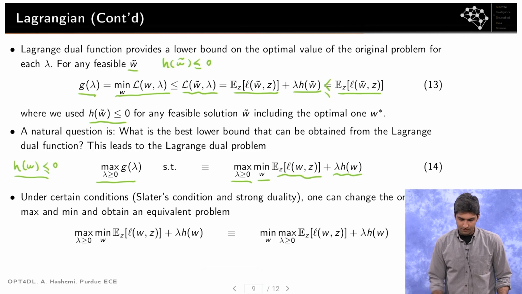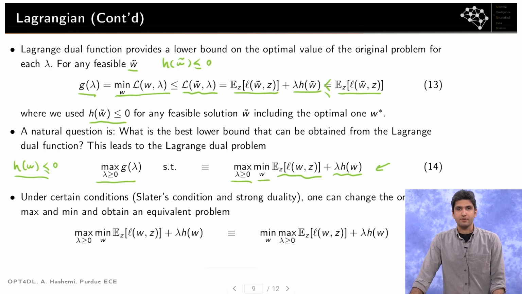So that means that if I solve this problem and find some solution, the value of the solution will be less than or equal to the value of the optimal solution for the original problem. Okay, and this is sometimes called weak duality in the optimization literature.